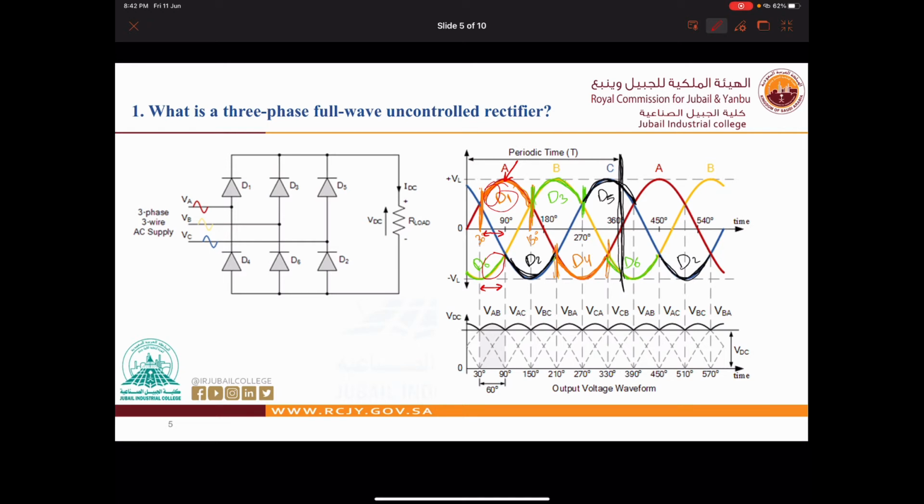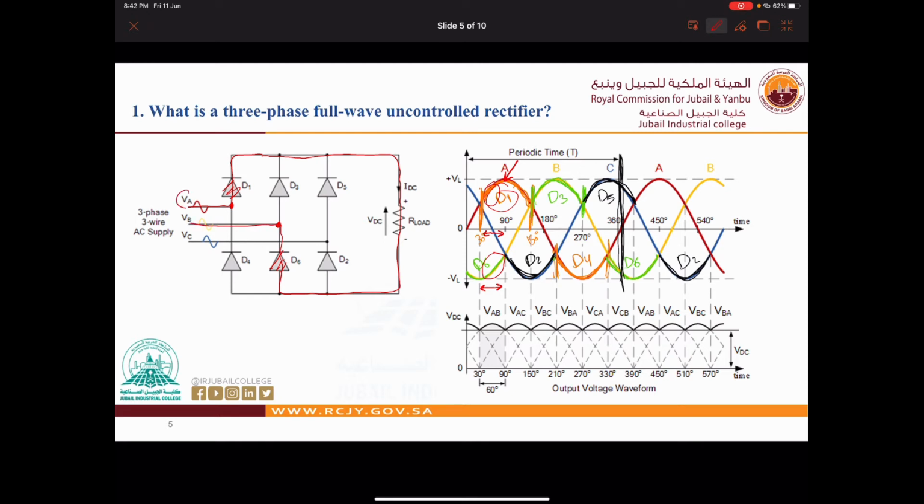So D1 is connected here to VA, D6 is connected here to VB, right? So the current from VA goes through D1, through the load, and comes back through D6 to VB.